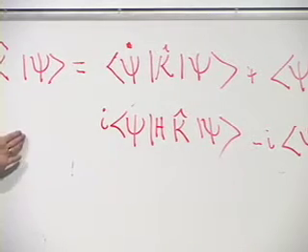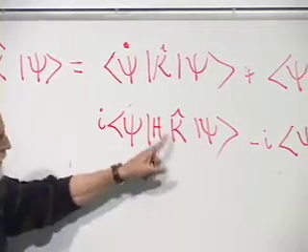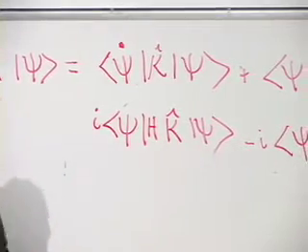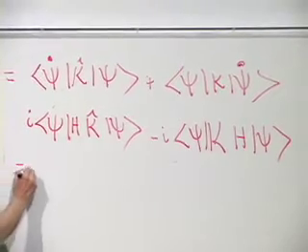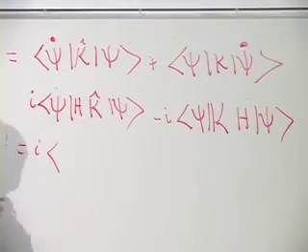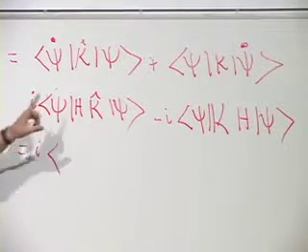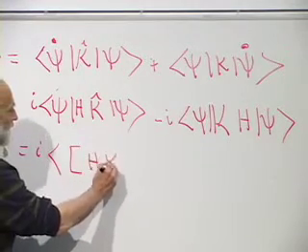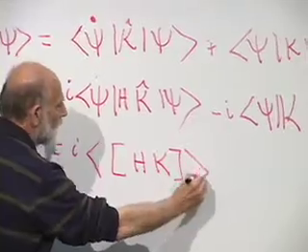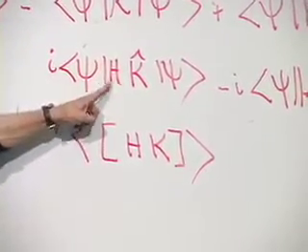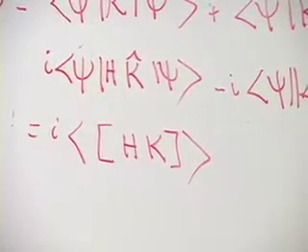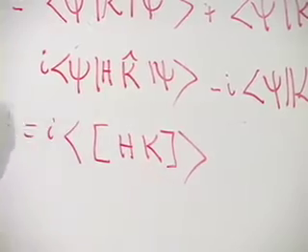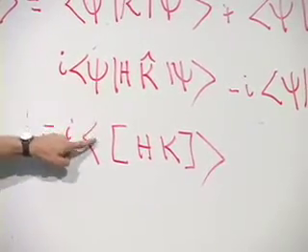We have two different terms. One of them has HK, the other one has KH. The result is i times the expectation value of the commutator of H with K. Remember what the commutator is? It's HK minus KH. I won't bother putting in the psi's here.